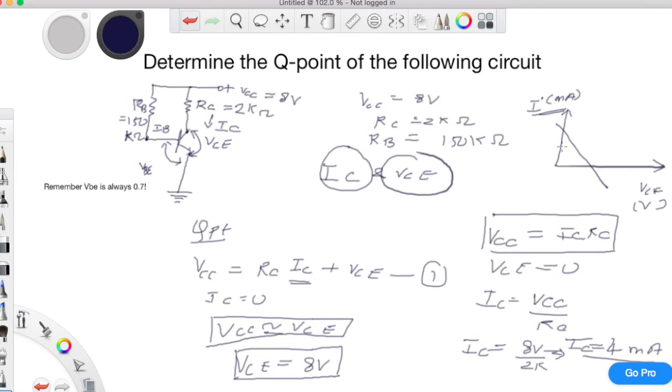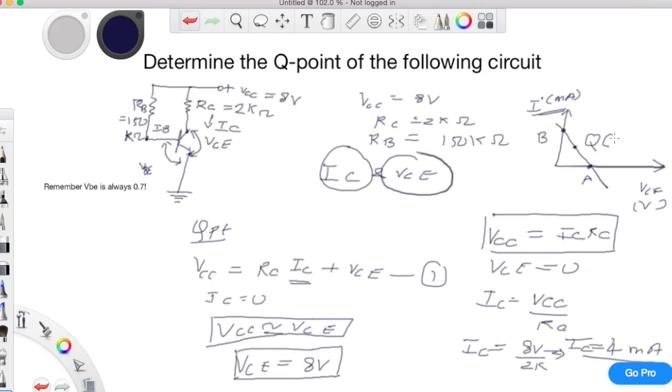We'll just mark this as point A and this as point B, and here is your Q point, and you will write Q and the value of your VCE.